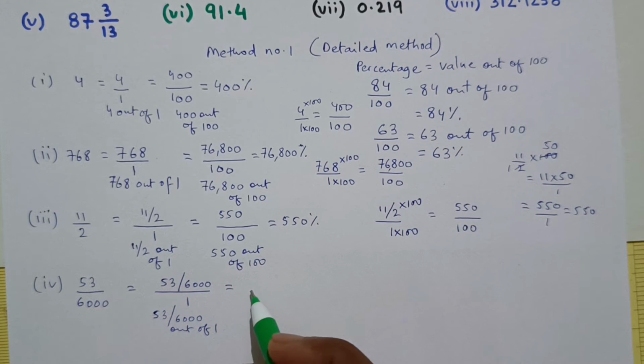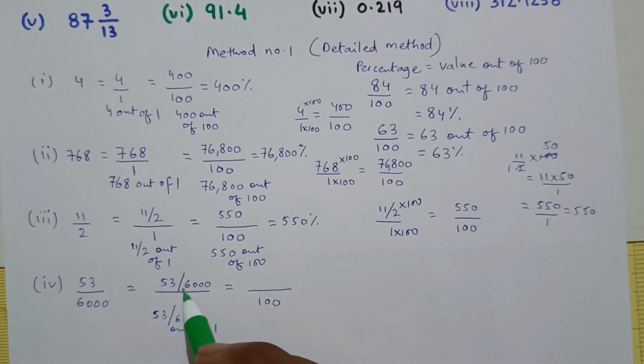For percentage, the value should be out of 100. So 53 by 6000 upon 1 is equal to how much upon 100? Now again, this is a question of equivalent fractions.